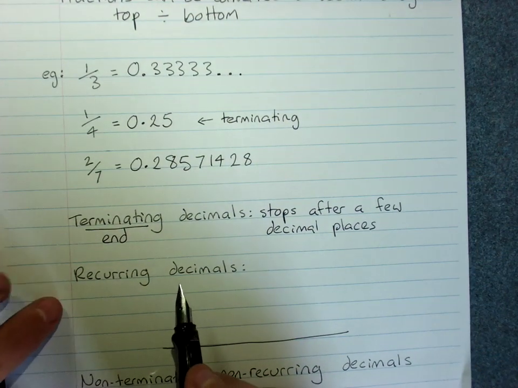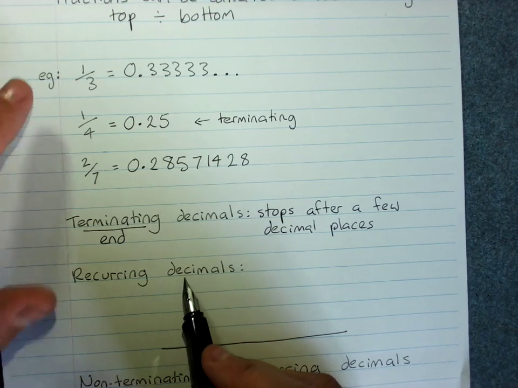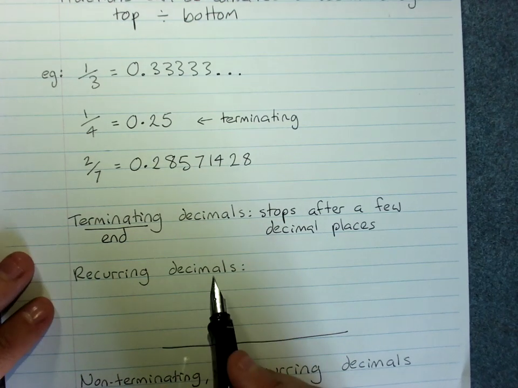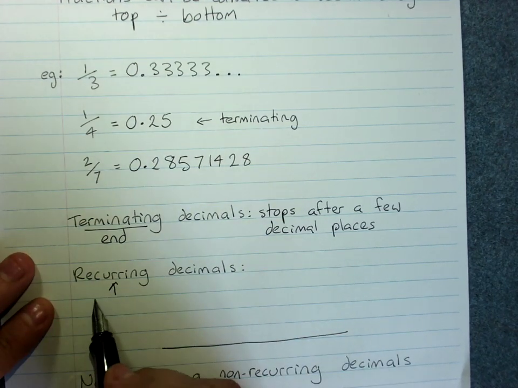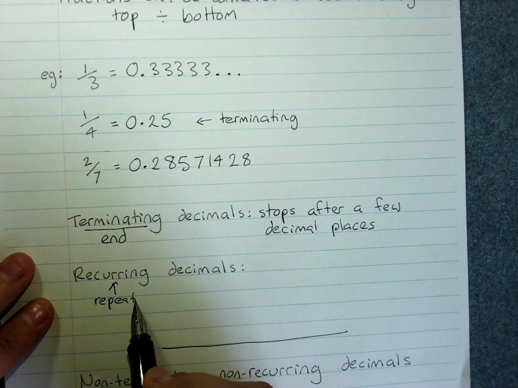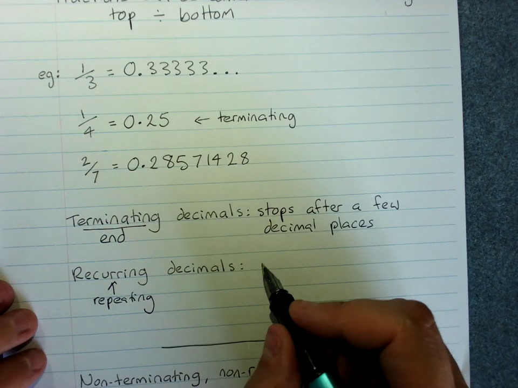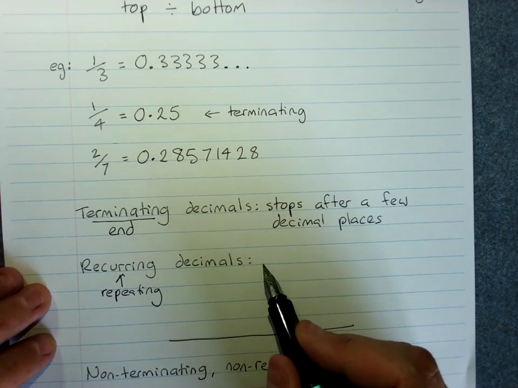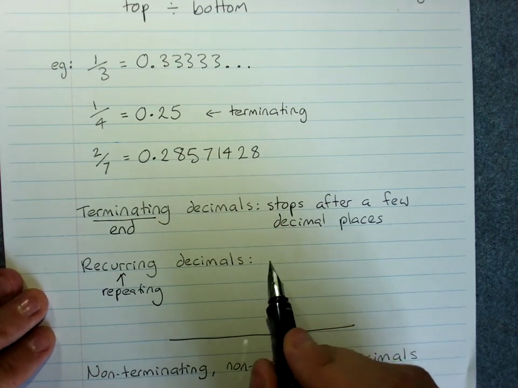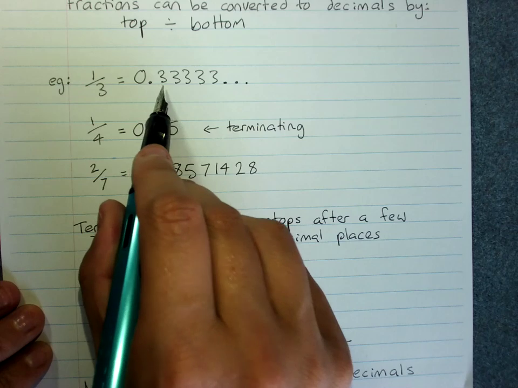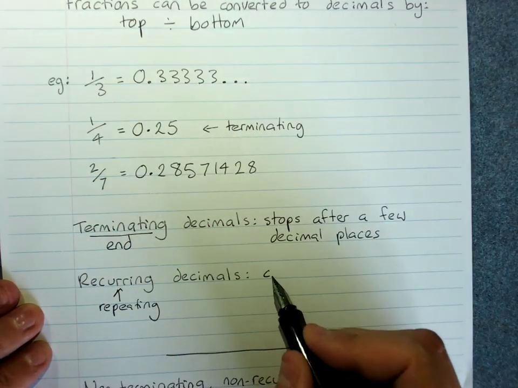The other sort of decimal that you can get from a fraction when you divide it out is a recurring decimal. And recurring means repeating. These create a pattern that just keeps repeating.